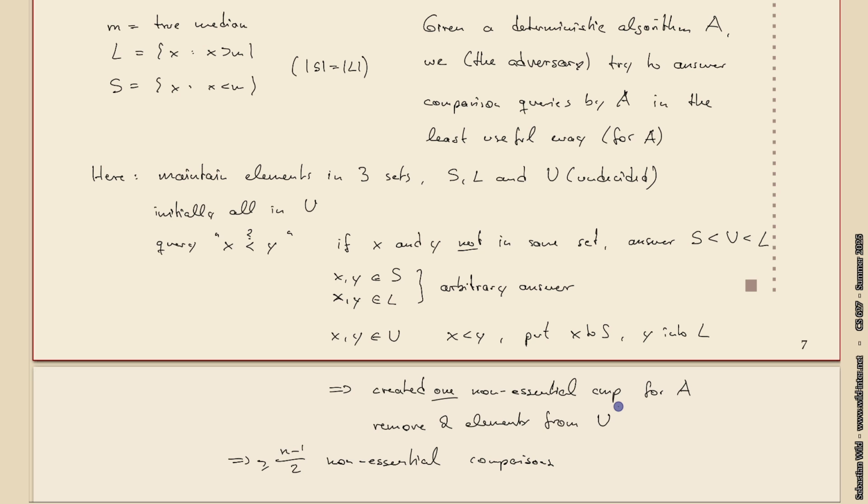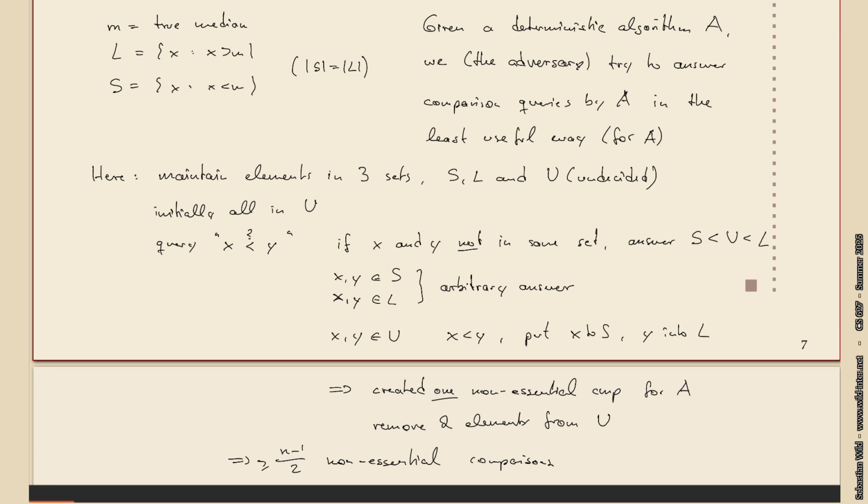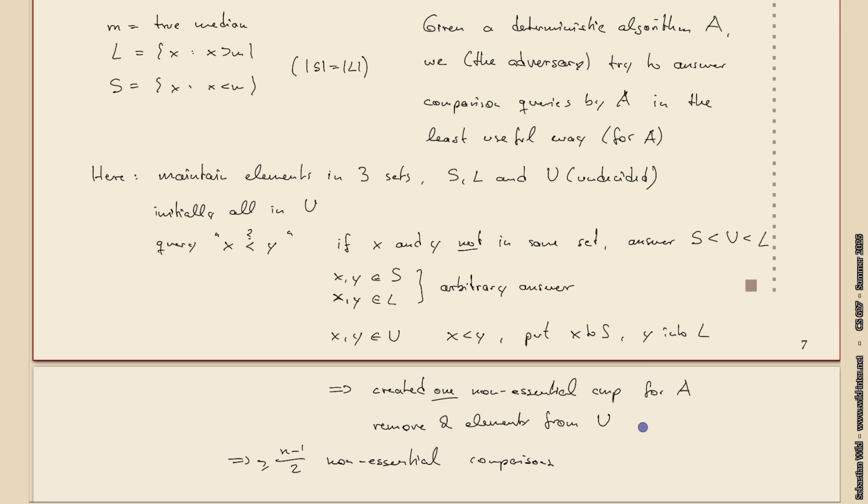The generalized forms of that keep some order within U. Unless that compares only a few elements, you can keep them around and then do a lot of case distinctions on what the adversary should do, and you can make the algorithm pay a few extra comparisons. But that gets super technical, and I think it's worth doing once, but not digesting in a lecture. The key idea is these kind of reasonings of maintaining the elements in some sets and choosing when to answer what.